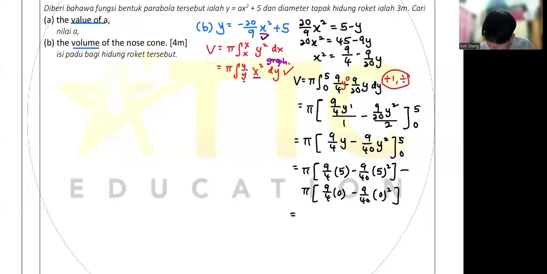Nine over 40 times 5 squared. The one is sub 0 equals 0. So 45 over 4 minus 45 over 8. Same answer. It's a weird answer.